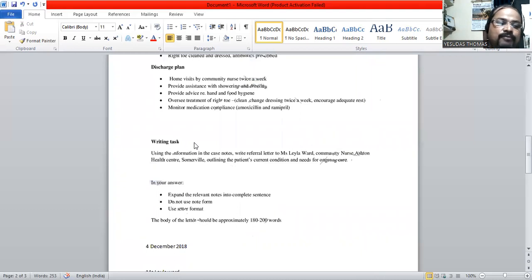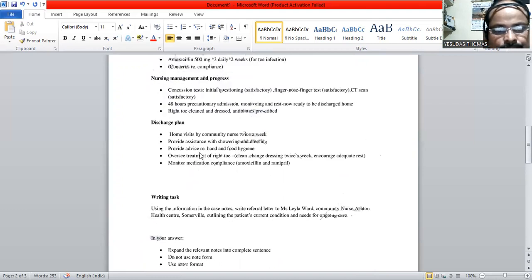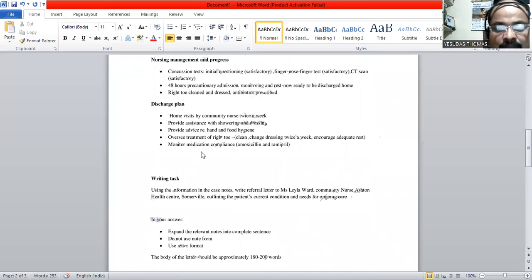What we have to do after discharge is request a visit by the community nurse, Miss Leah Ward, twice a week. This means two times a week she needs the visits.